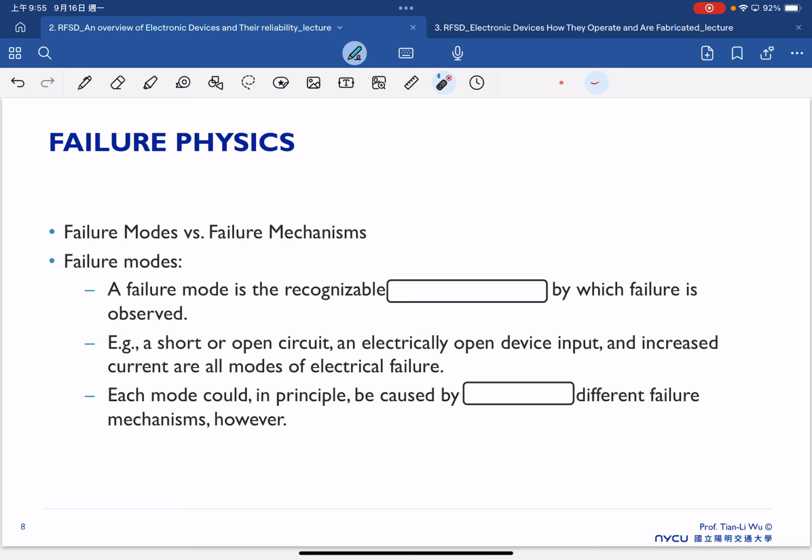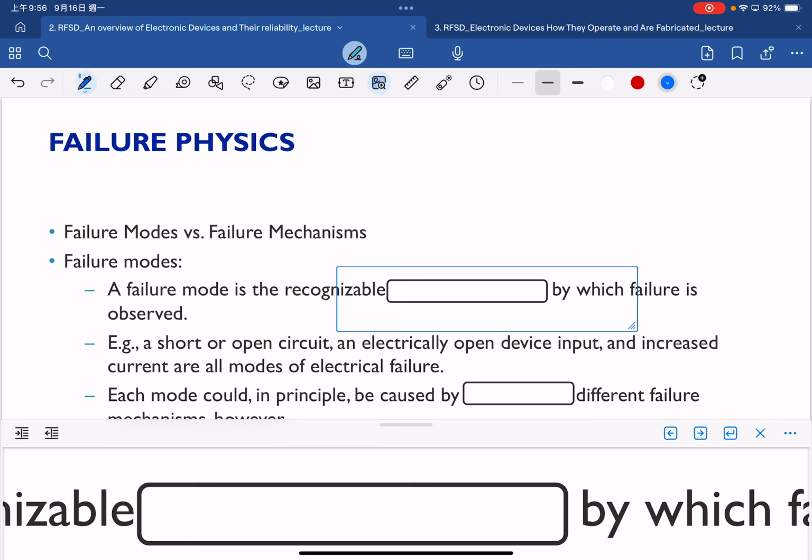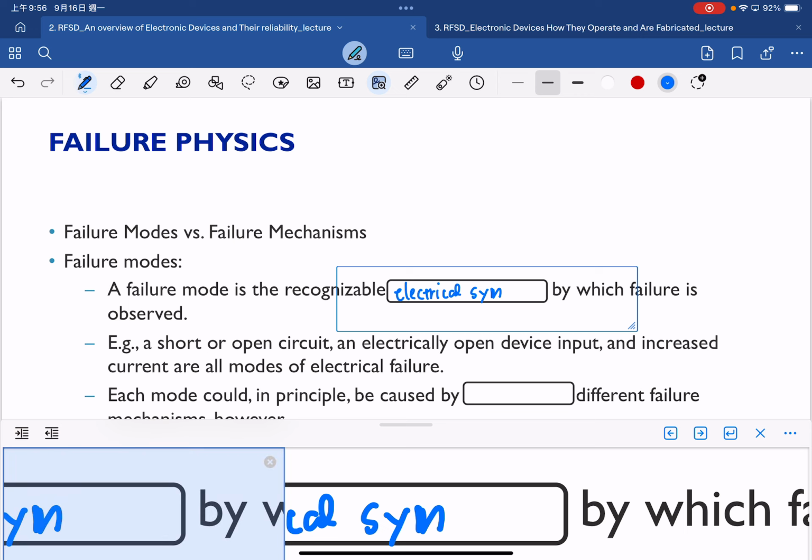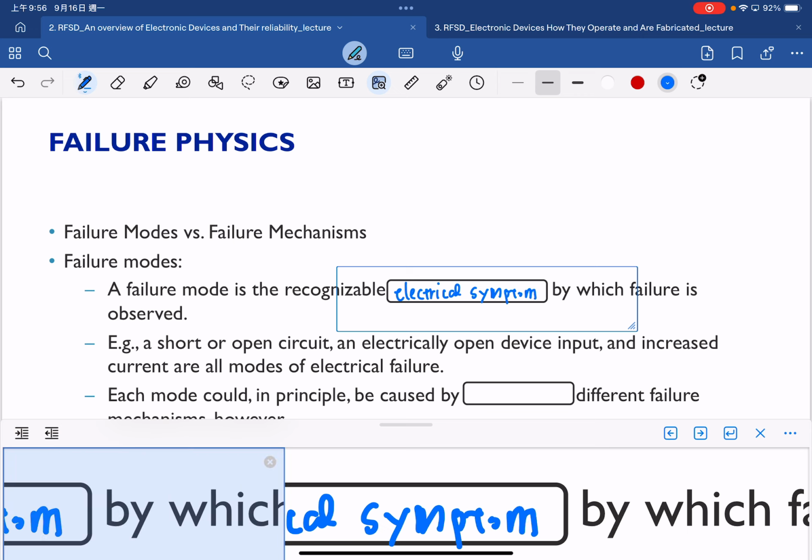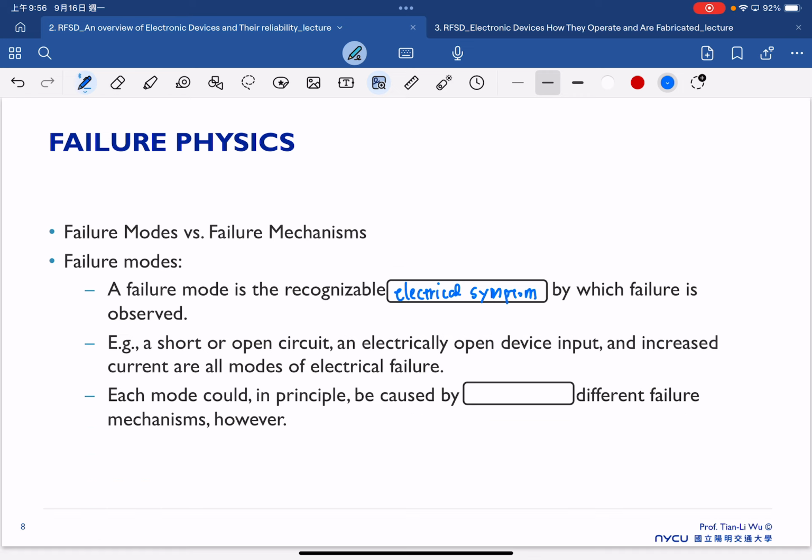A failure mode is the electrical symptom by which failure is observed. So that's what we call the failure mode.